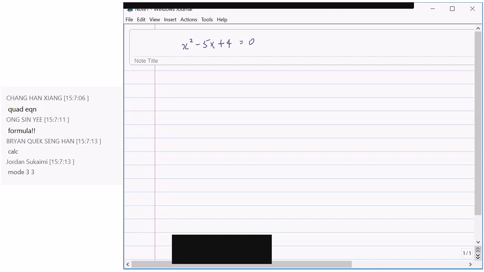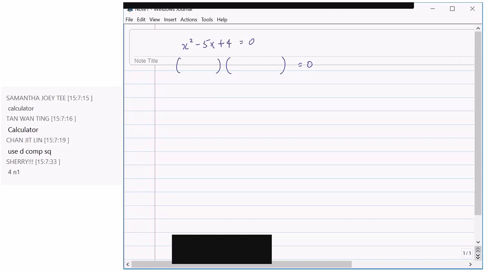Formula, okay, that's one way. Another way is the factorization way. So let's say we do factorization. Can you tell me what are the two factors, please? Okay, so x minus 4 is the first factor.